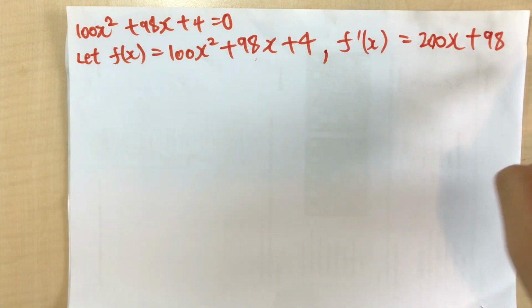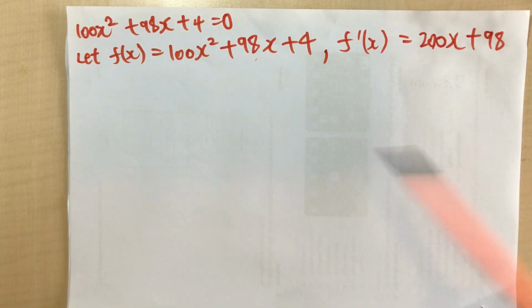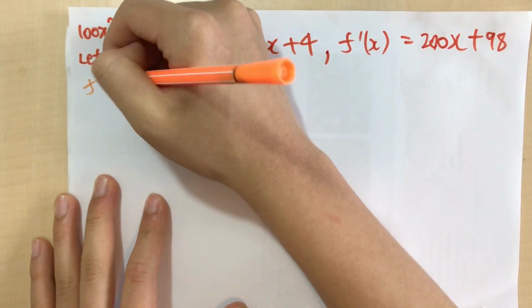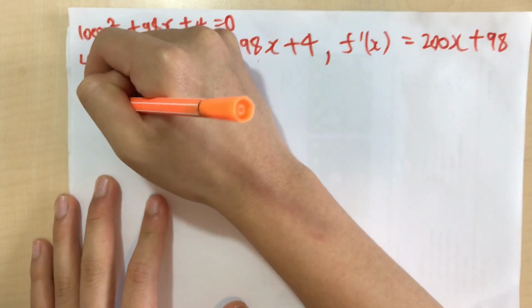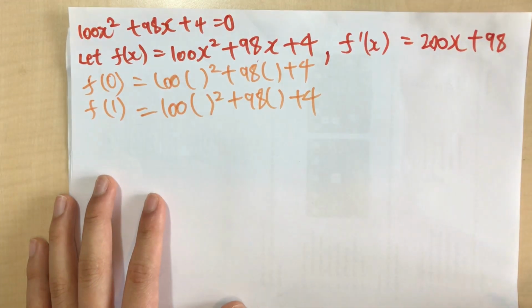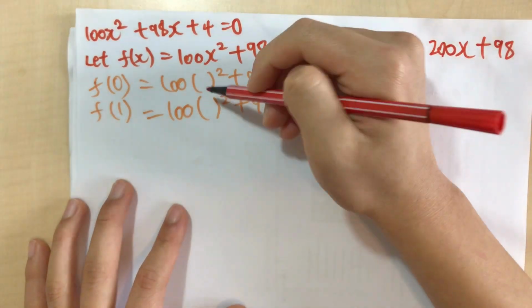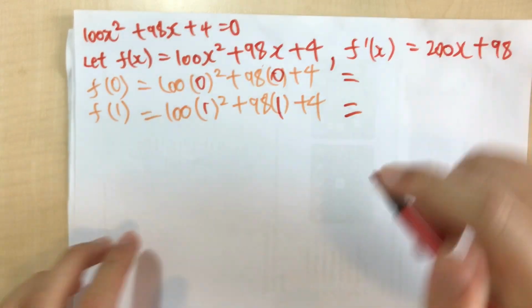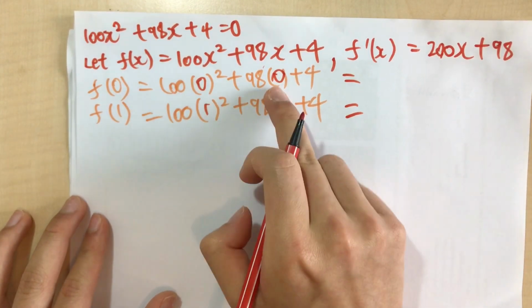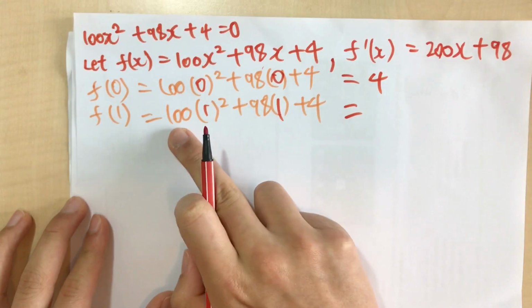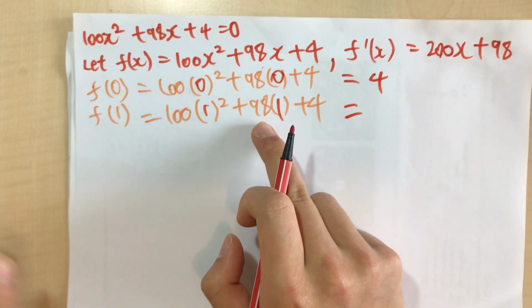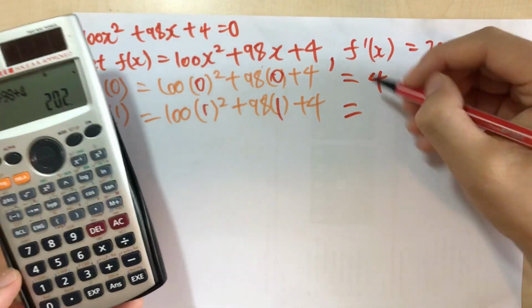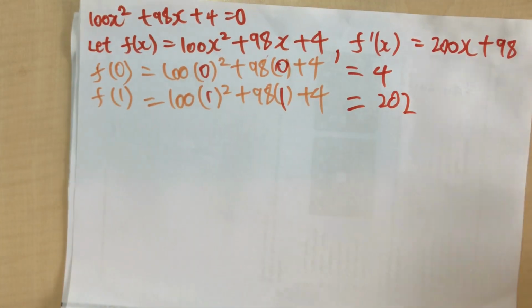So after we get both, we will want to try some values of f of x. Perhaps this time I want 0 and 1. So now we substitute 0 in it and 1. It equals 0 plus 0 plus 4, which is 4. 100 plus 98 plus 4 is 202.